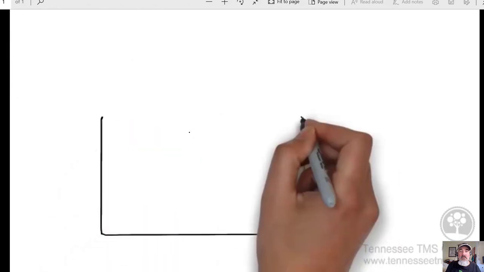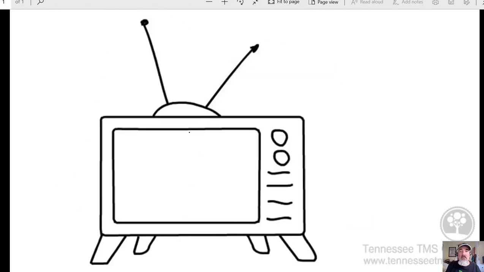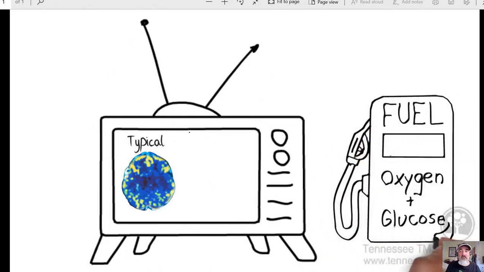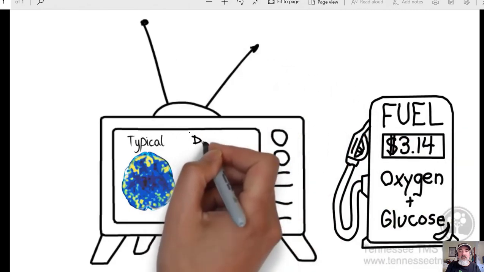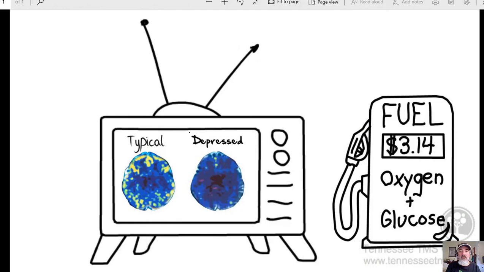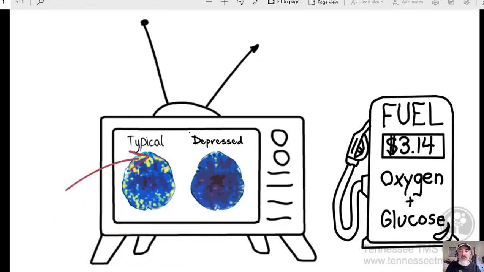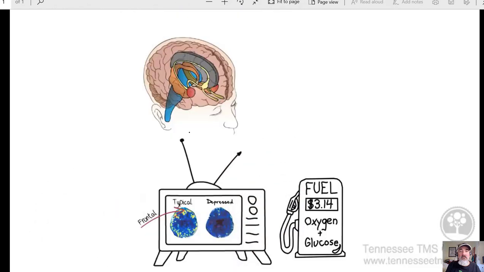Now let's focus on how this translates in depression. Here's a functional PET scan of a typical brain. These researchers labeled to light up oxygen and glucose, which acts as the fuel for our cells, in order to see what areas of the brain are working. This is an equivalent scan of the brain of someone with depression. By comparison, the typical brain has more activity in certain regions, like the frontal lobe, but most importantly, in the central areas where our limbic system is.